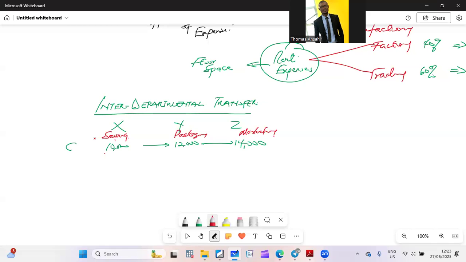So the department wants to show the general managers of the entire company that they are doing something profitable. That is why, even though the cost of the thing is 10,000, when they transfer to their sister department, they add, let's say, 2,000 to make it 12,000, so that we can know that department is also contributing to profit. That is the reason why they do that.